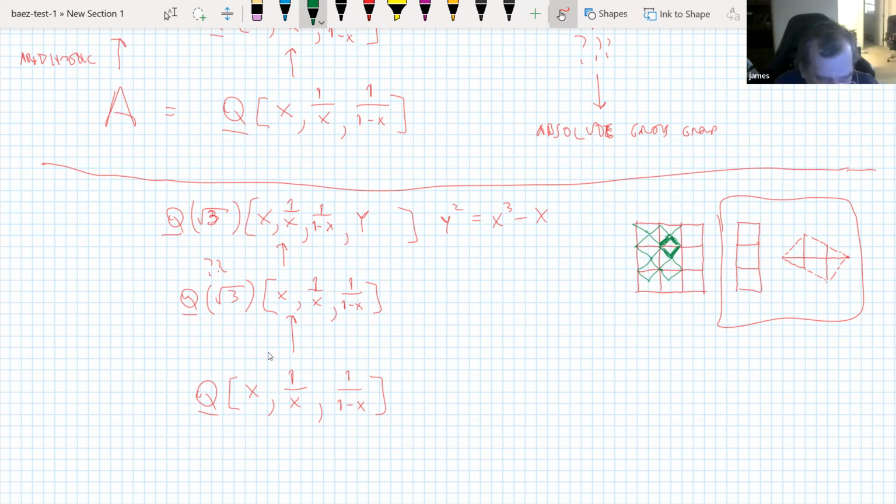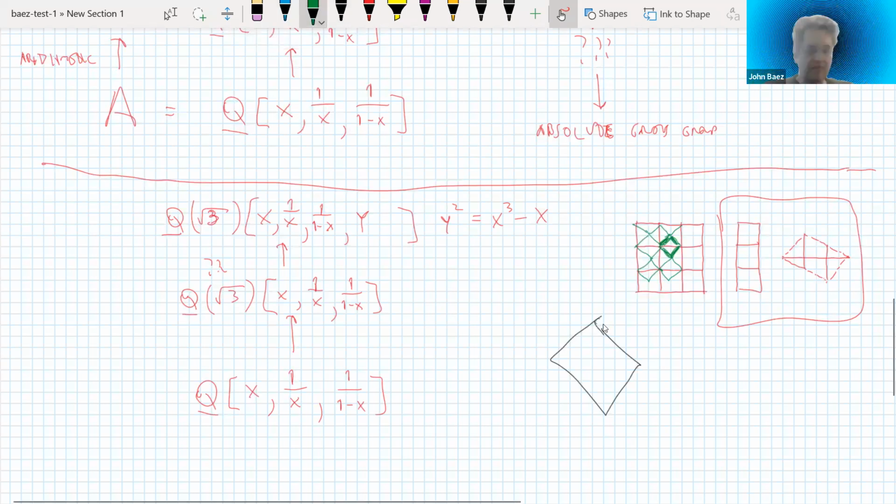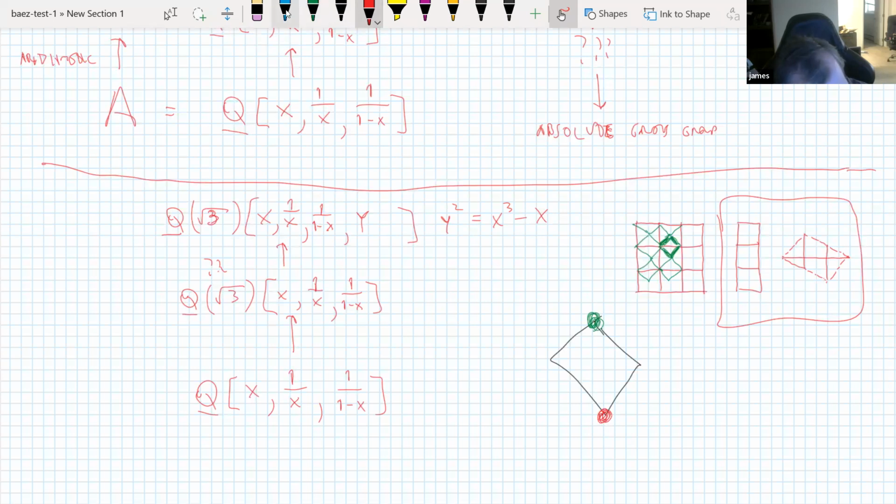That would be true, except you have to remember the way this combinatorics thing works here is. Let me see if I can draw it. So there's like a diamond there or something like that, and there's like a green dot there and a red dot there, and there's blue dots like right there and right there.